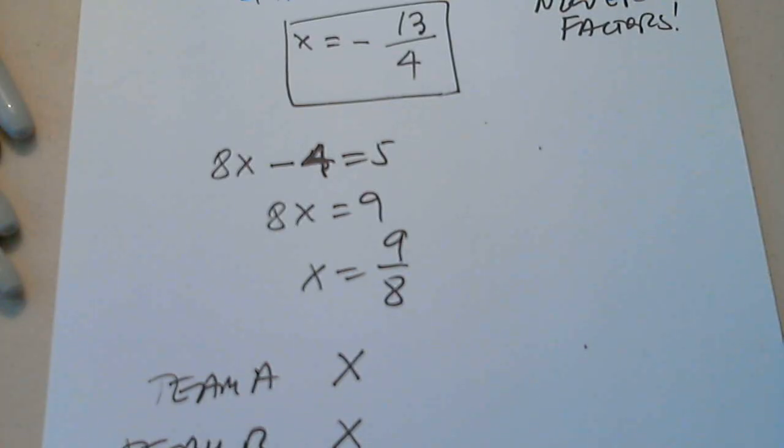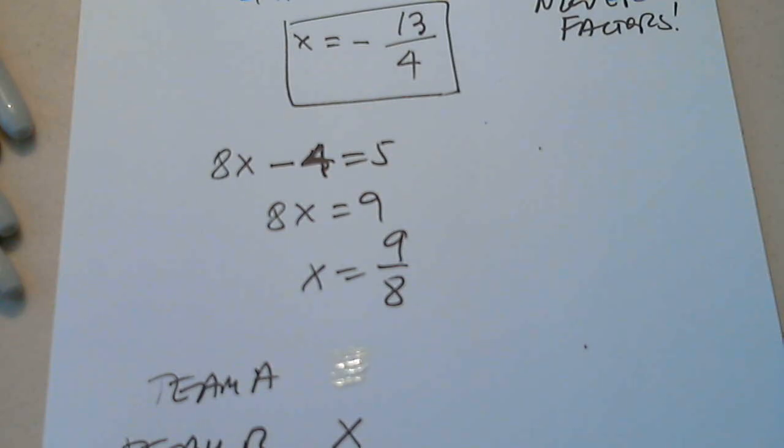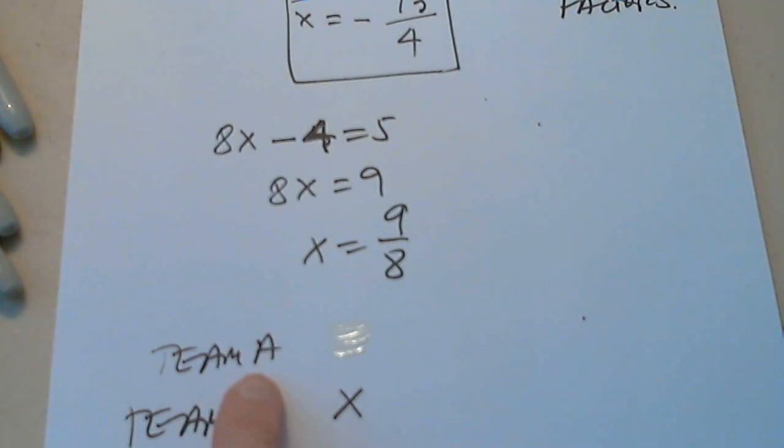So you have B dollars in your pocket, and I have 18 fewer than you have. You have X in your pocket, and I'm team A, you are team B. You have X in your pocket, but I have 18 fewer than you have.